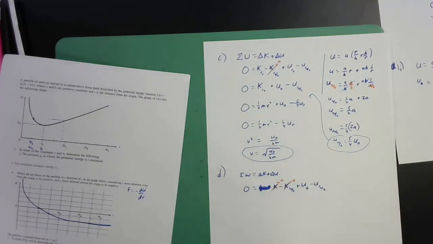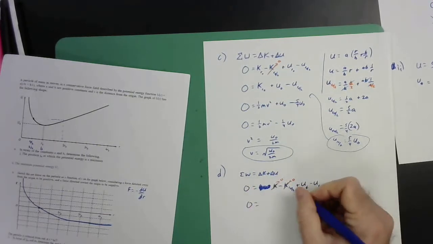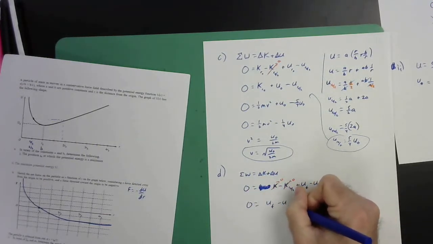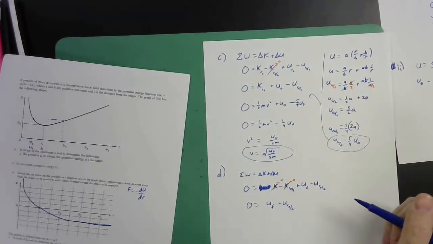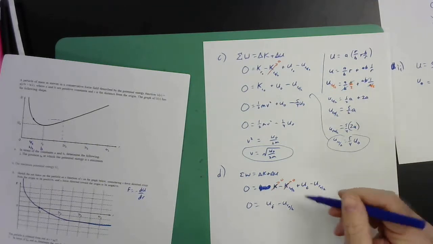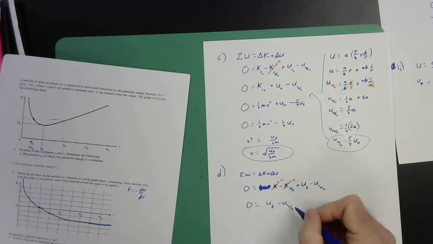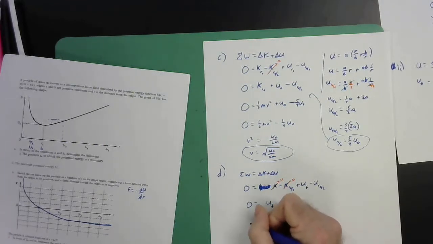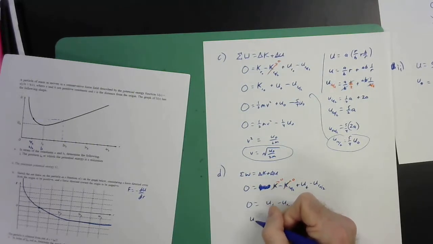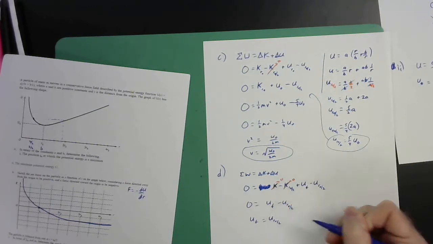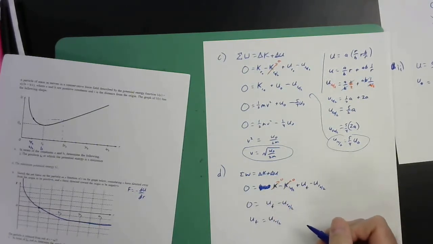So from this, I would get an equation for my final U minus my initial, and I'm starting at the U at R naught over 2. So you could hypothetically rearrange this and say my U final is going to equal my U at R naught over 2, if they add to 0.